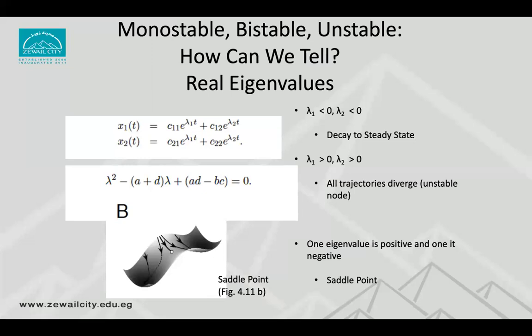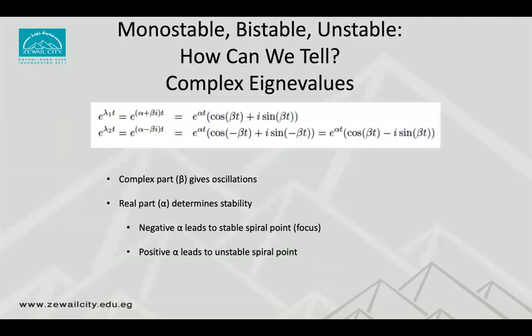The imaginary part will give us e to the i times x. That gives us sinusoidal functions. It gives us oscillations, a periodic function.